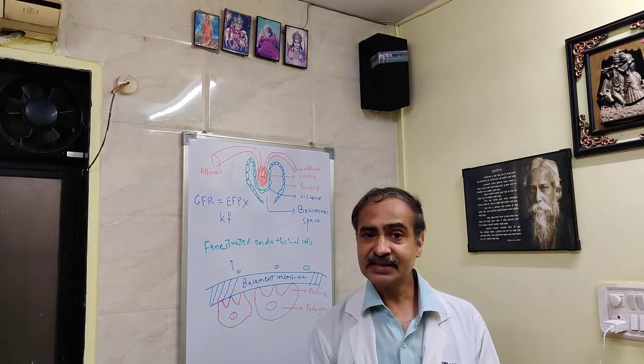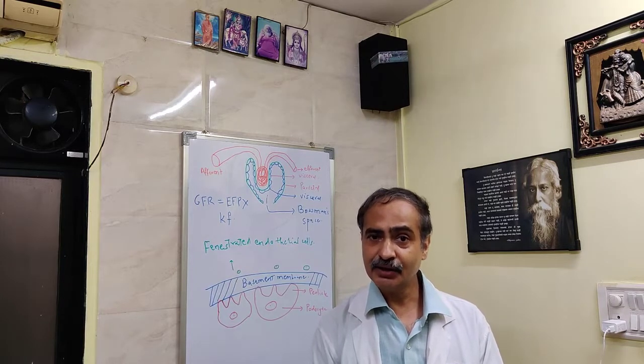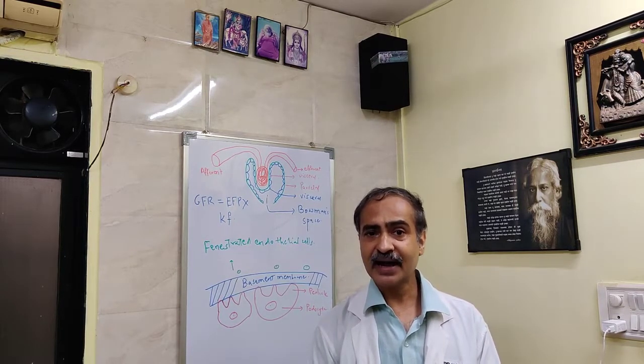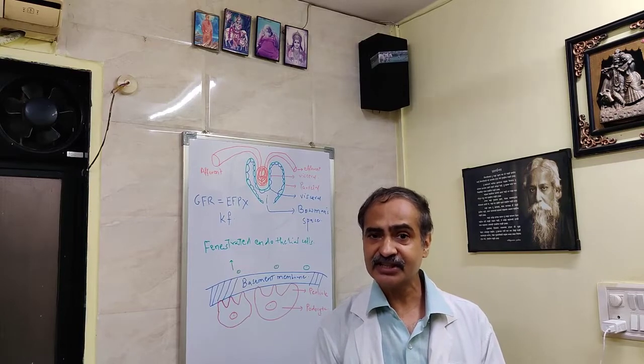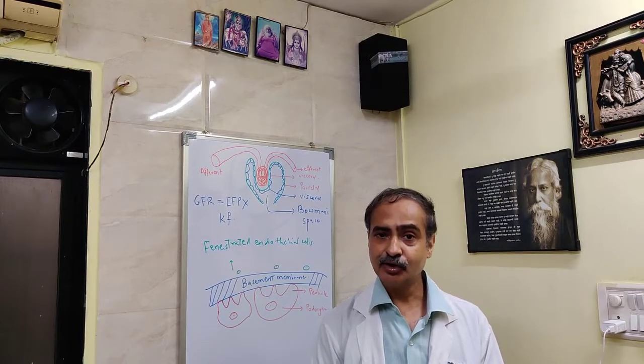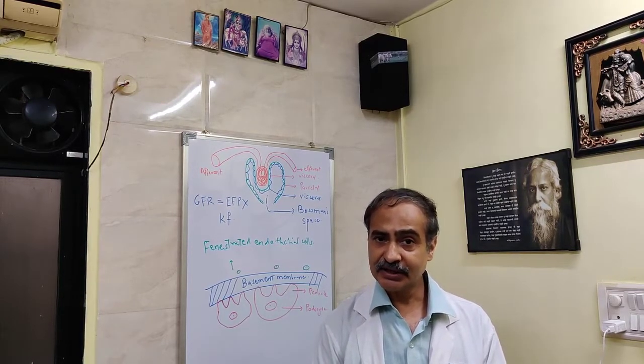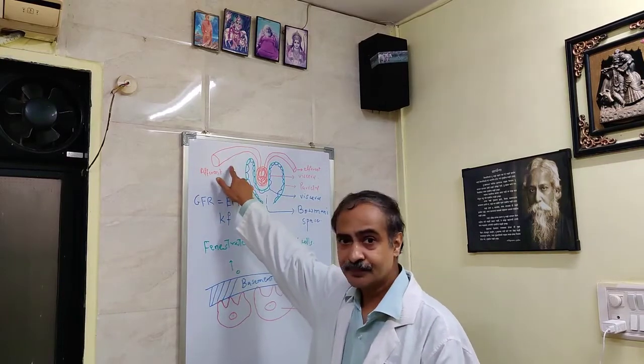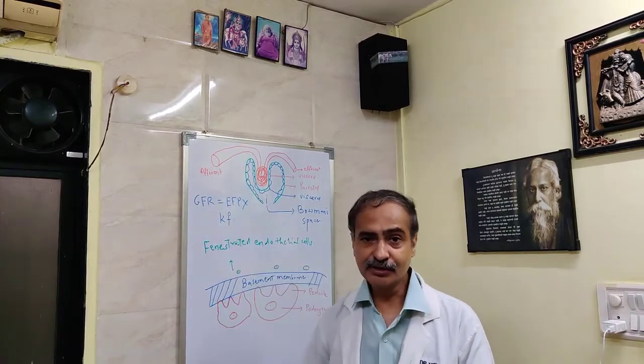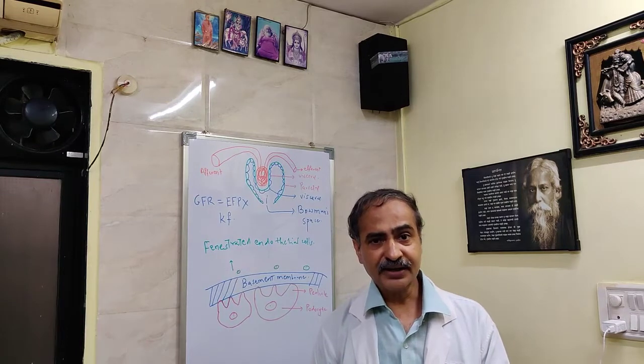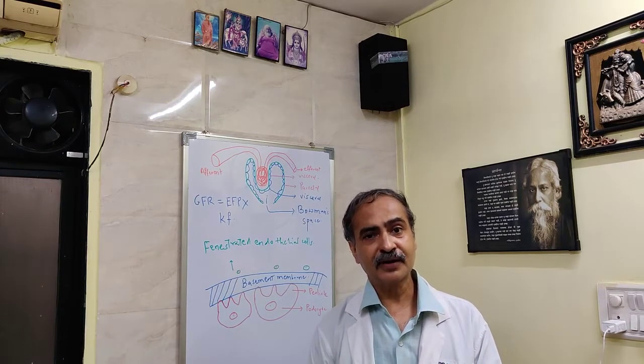Because of decreased synthesis of vasodilatory prostaglandin E2, there will be unopposed action of vasoconstrictor substances like noradrenaline, angiotensin 2 as well as endothelin on the afferent arteriole. This results in decreased lumen, decreased blood flow, decreased hydrostatic pressure, hence decreased glomerular filtration.